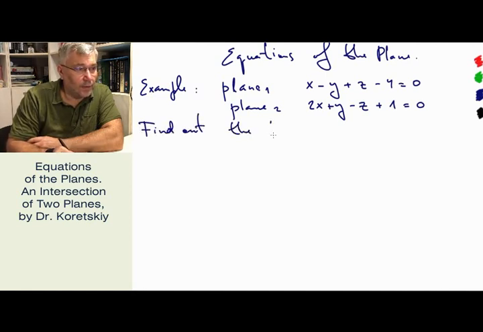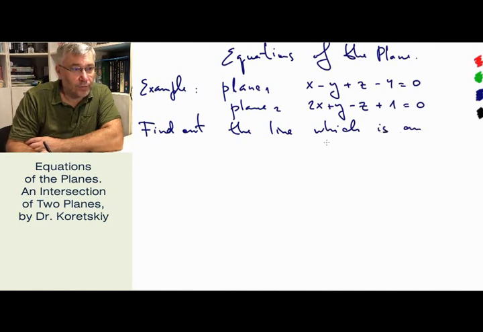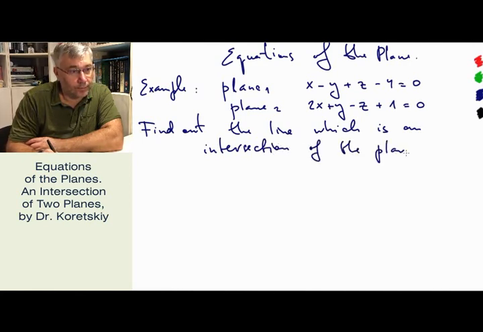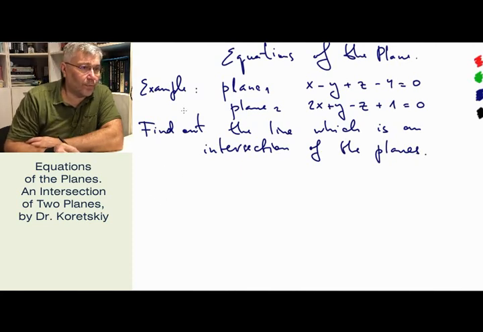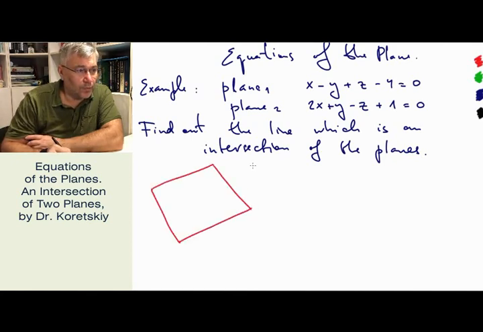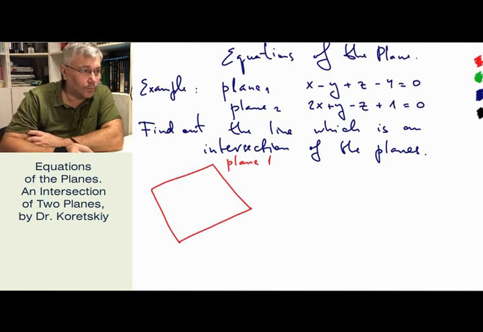the line which is an intersection of the planes. What does it mean? It means that we have two planes. I have plane 1, for example, and we have plane 2.